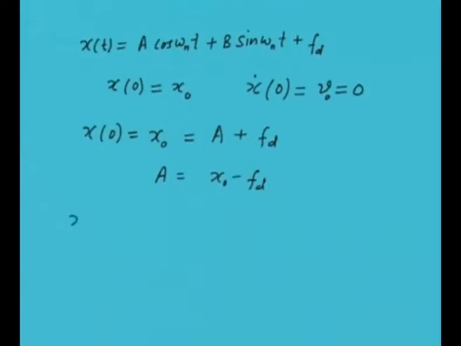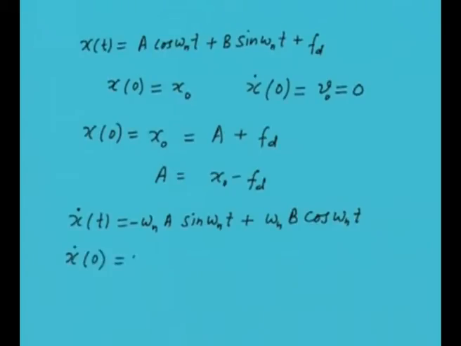Now to apply the velocity boundary condition, we have to differentiate the first equation with respect to time. So we will get this term, which has a minus sign, plus the other term, and then the constant term will be 0. If we apply the boundary condition here, 0 equals: the first term will be 0 with sine, then the second term will be 1.